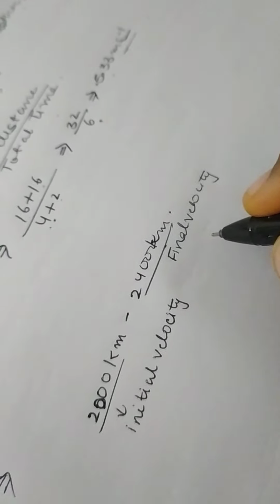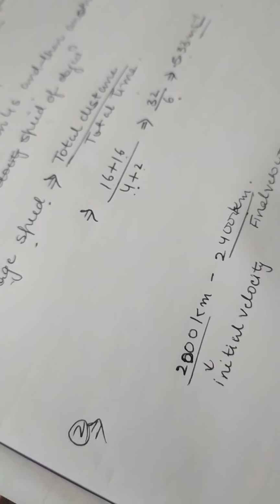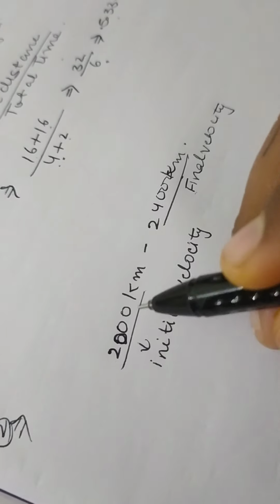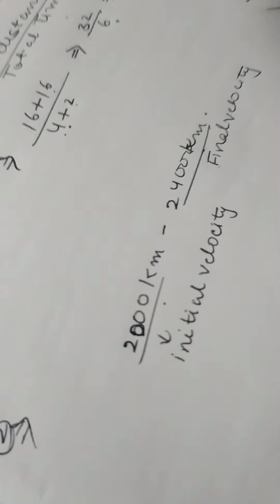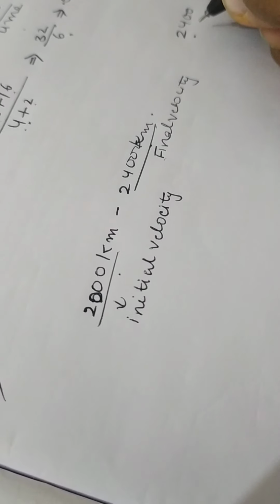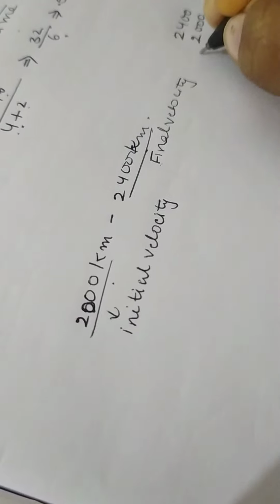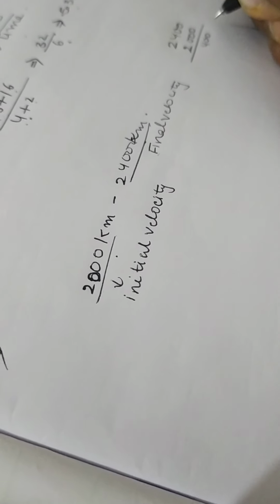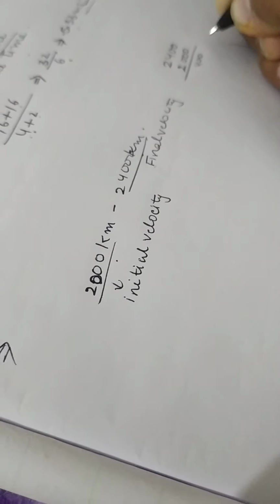So we know that while calculating the average speed we have to take distance, and this is distance. We find the distance by subtracting 2000 from 2400, so we get 400. This 400 is our distance.